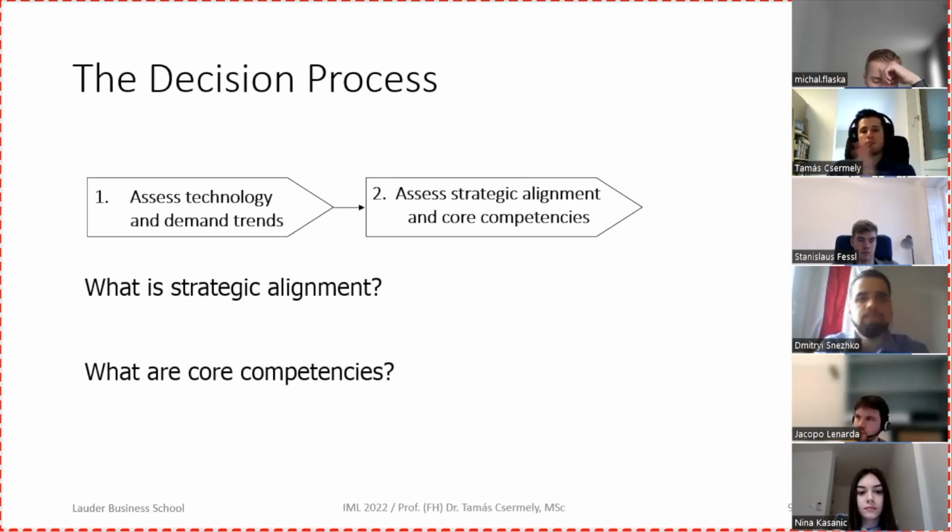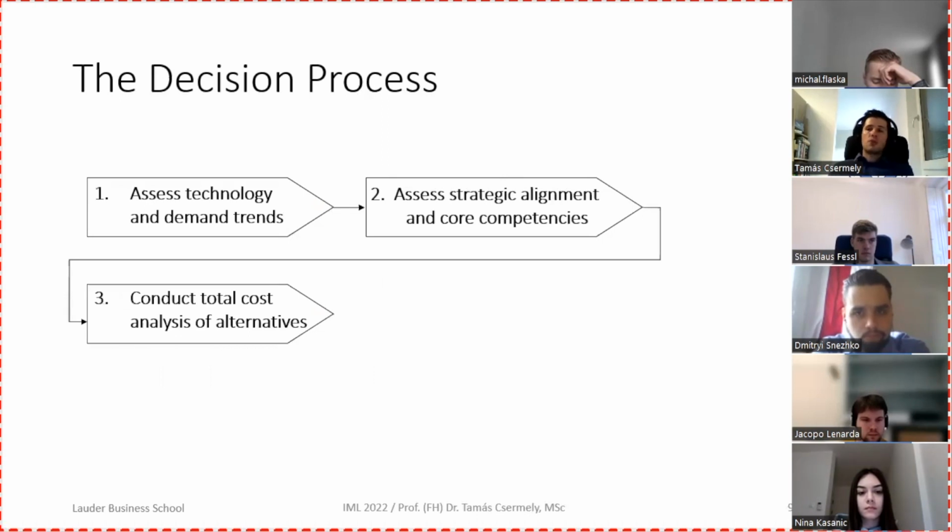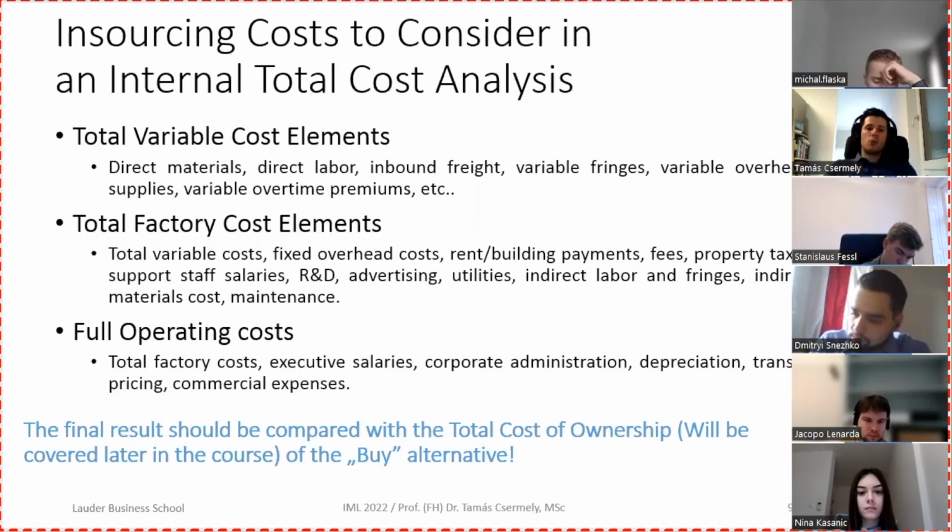So once I have an idea about this, I do a so-called cost alternative calculation. And very important is that I'm assessing the total cost of all alternatives. In the next session, we're going to learn about a technique called total cost of ownership. And that is essentially something that I have to take a look into here.